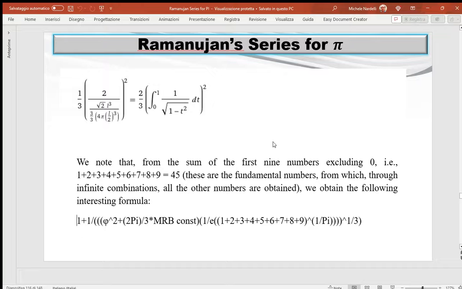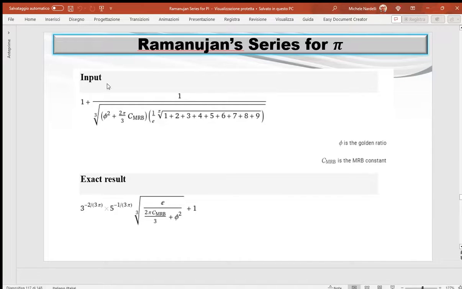Now we note that from the sum of the first nine numbers, excluding 0, 1, 2, 3, 4, 5, 6, 7, 8, 9, we obtain the following interesting formula. We observe that inside the formula there is the golden ratio, pi, the Marvin-Ray-Barnes constant, the Euler number.